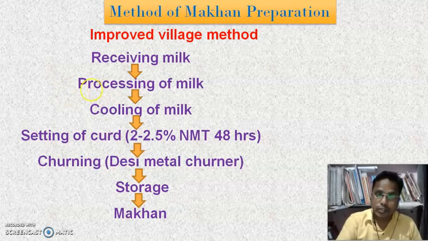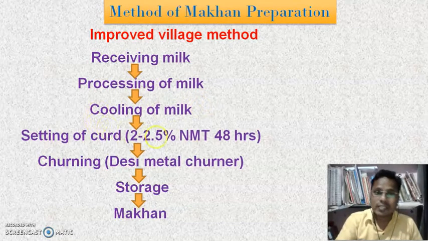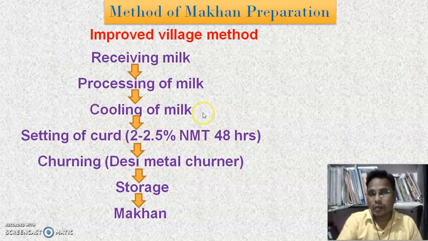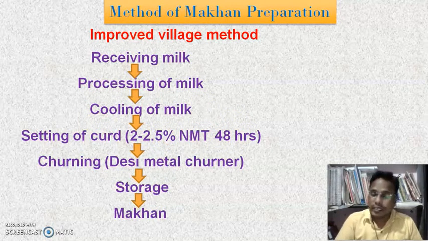So processing of milk means heating milk or the boiling of milk to kill the microorganisms present in milk. So this is the processing. After the processing of milk, it becomes safe for the starter culture that we are going to add in the next step.